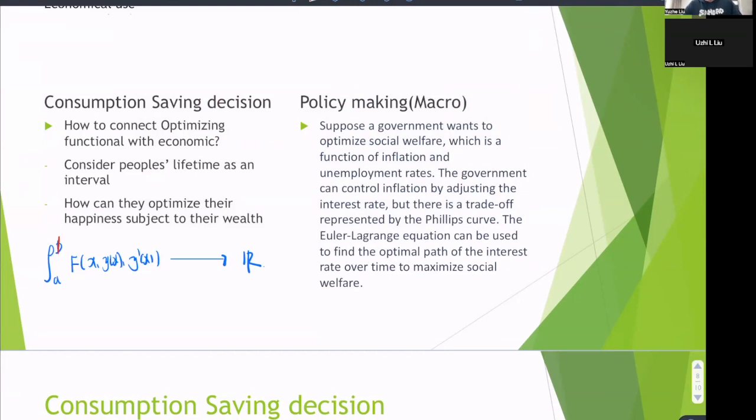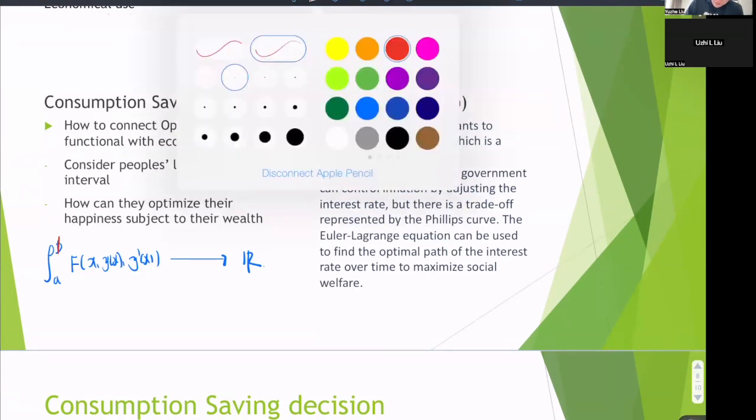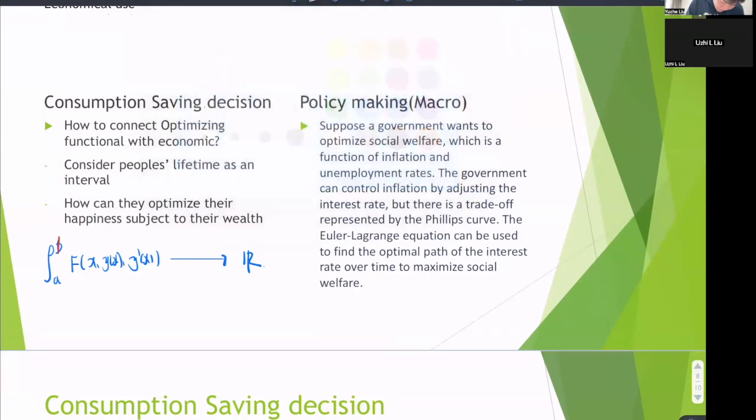Because in economics, we have a thing called utility functions. A utility function is basically a quantitative method of turning your happiness into numbers, to quantify your happiness.